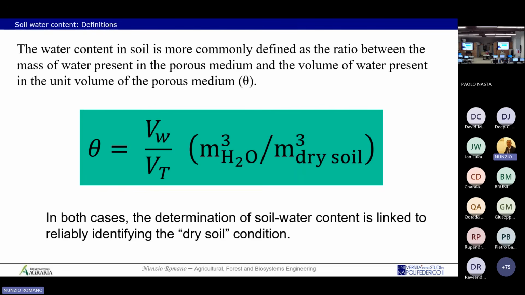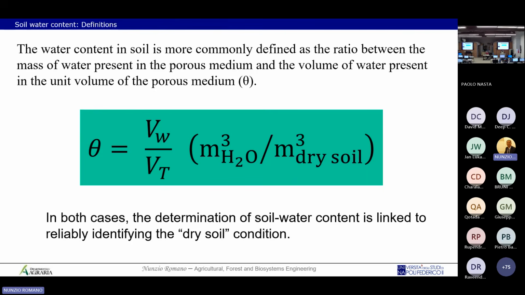The definition is here: the volume of water over the total volume of the soil. As Paolo mentioned in his introduction, the total volume is the volume of the particles, the volume of the water, and the volume of the air, the pores occupied by the gaseous phase. In the international system of units, we have the cubic meter of water on a cubic meter of soil.